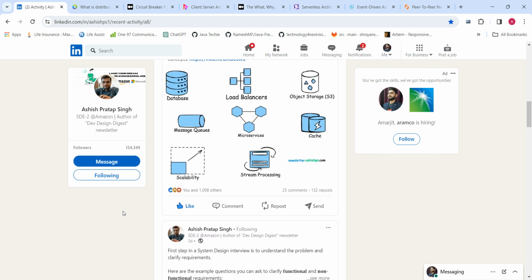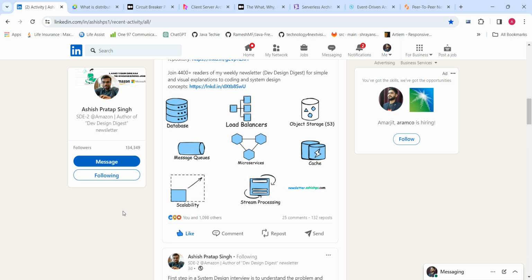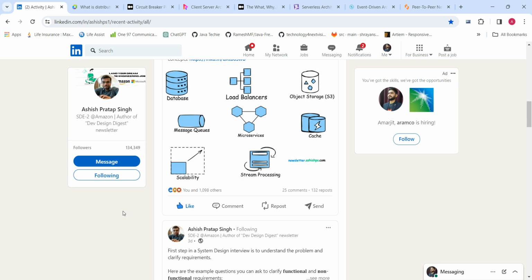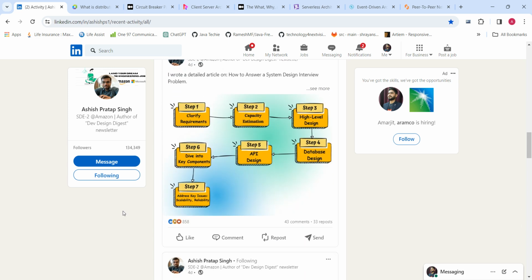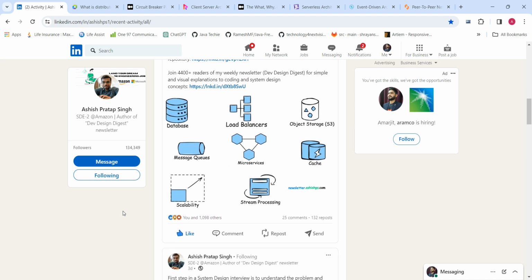So just follow that and understand system design, how we will create it and what key concepts we will use, depending on the level of system design. That's it. Thank you.